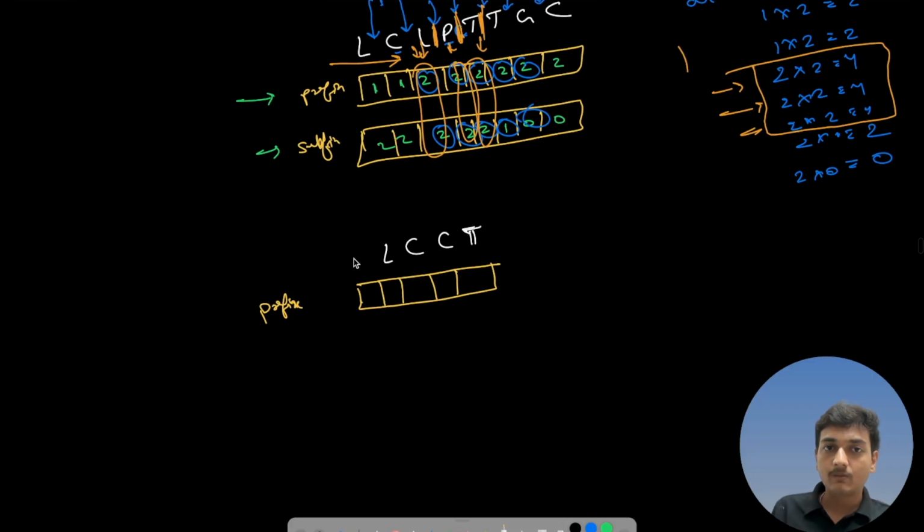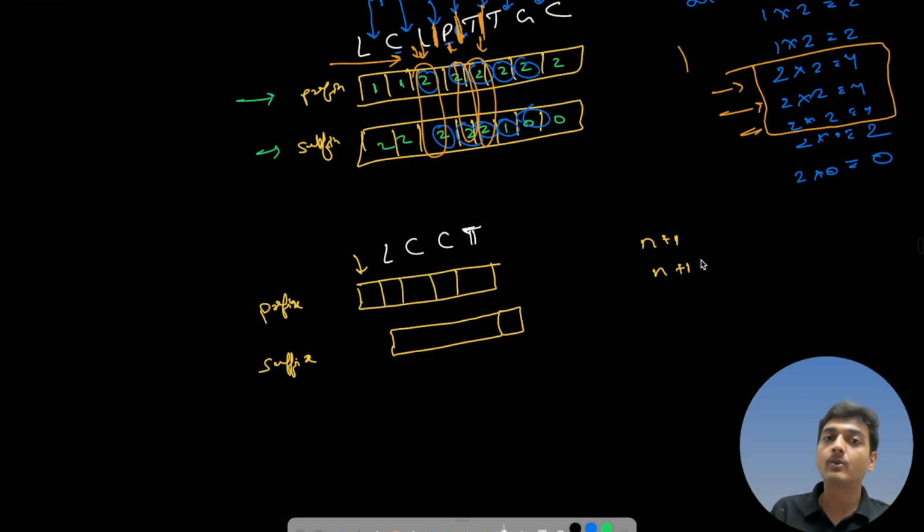I will make one extra here. And my suffix array will look something like this, and one extra here. So my prefix array length would be n plus 1, and the suffix array would also be n plus 1. Why I'm doing this, we will see in the calculation time.